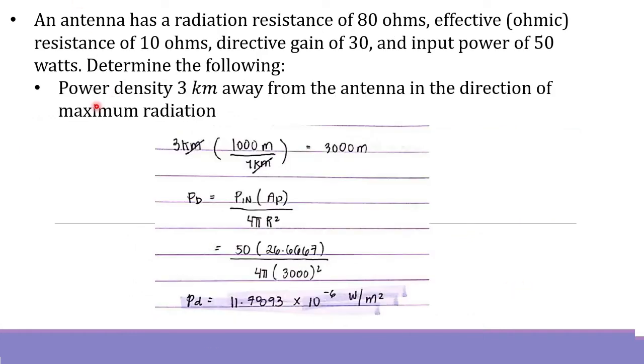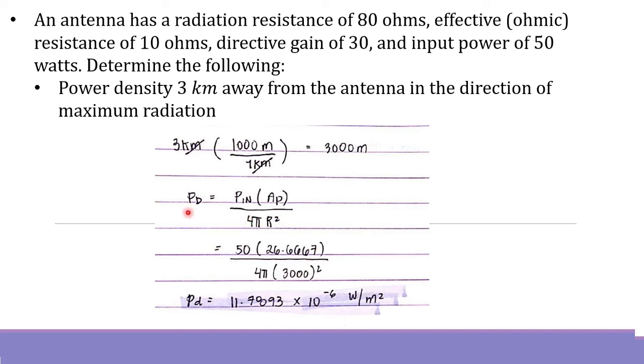Next would be the power density 3 kilometers away from the antenna in the direction of maximum radiation. So since the unit of power density is watts per meter squared, we will be needing to convert 3 kilometers to meters. Just multiply 3 kilometers by 1,000 meters over 1 kilometer, we will have 3,000 meters.